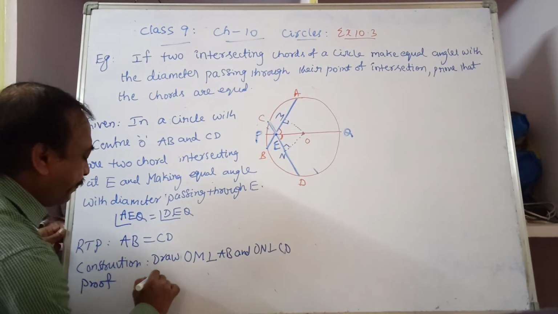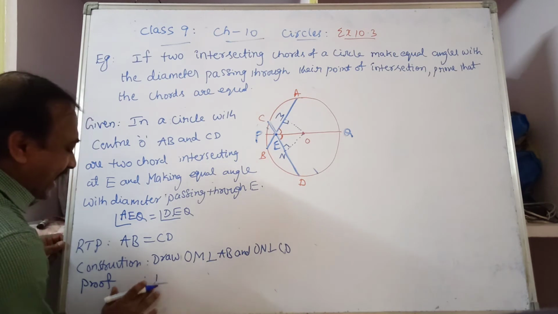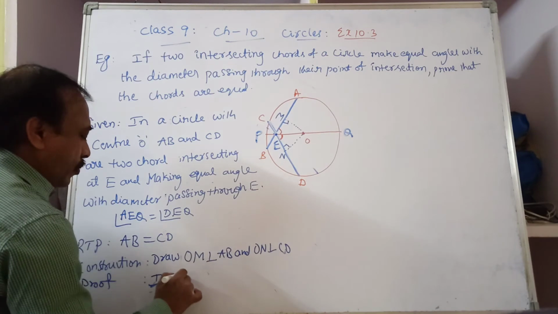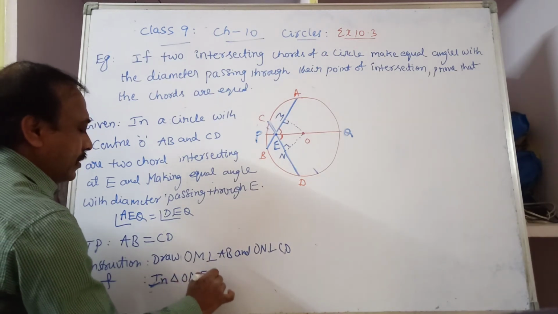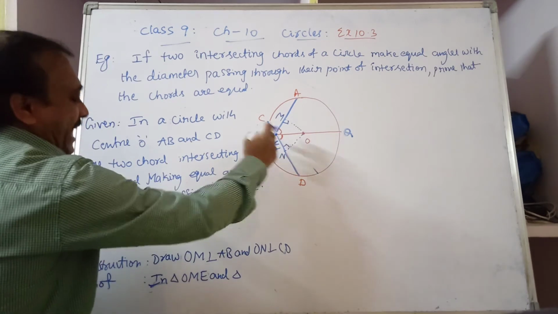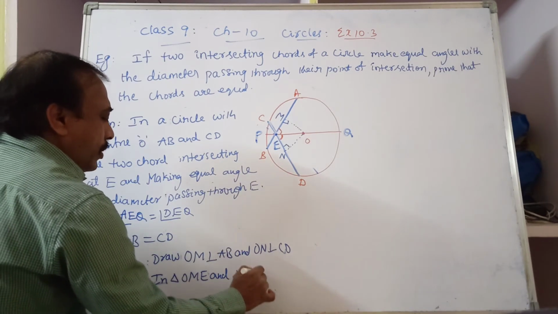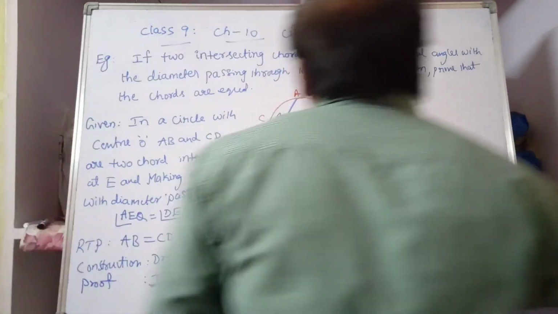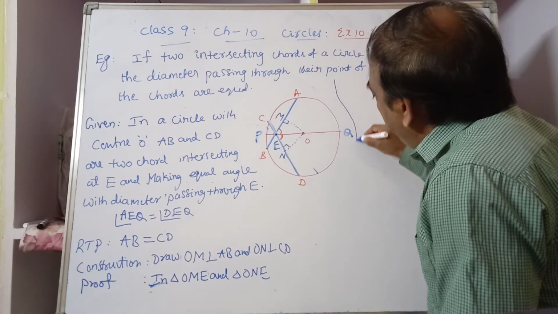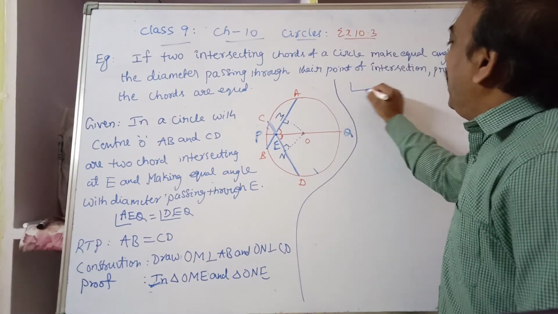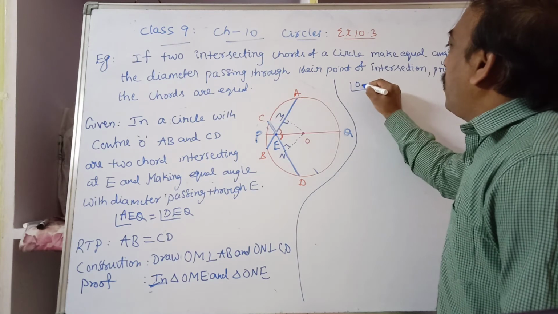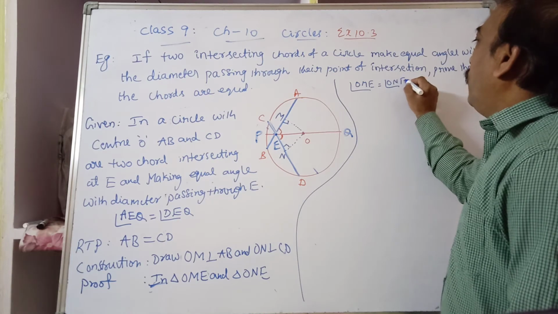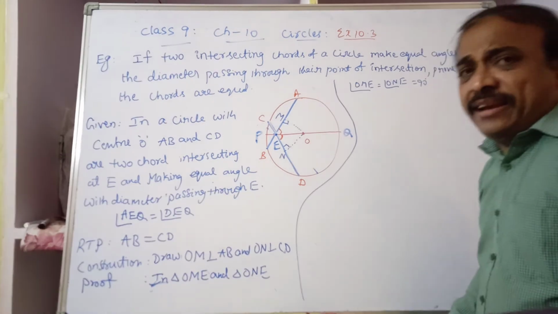So in triangle OME and triangle ONE, here I am writing angle OME is equal to angle ONE, which is equal to 90 degrees. Both angles are equal.